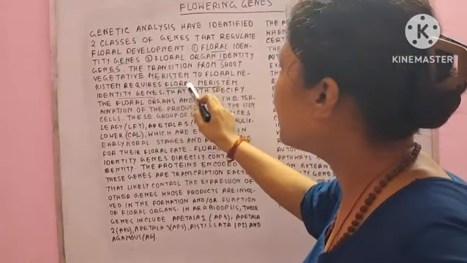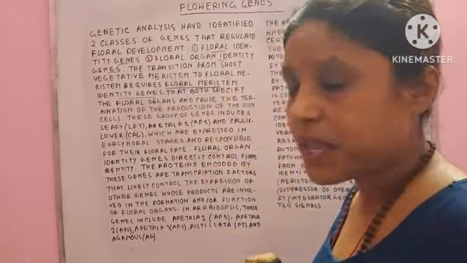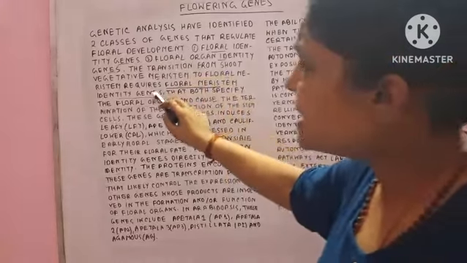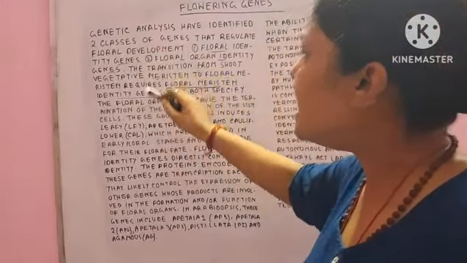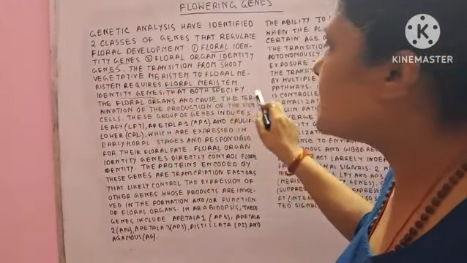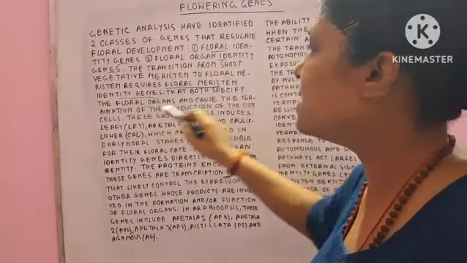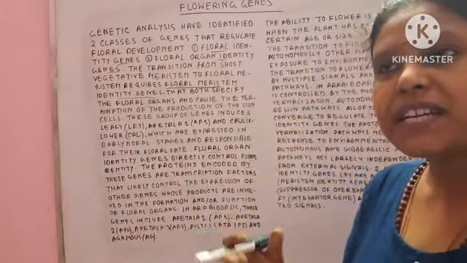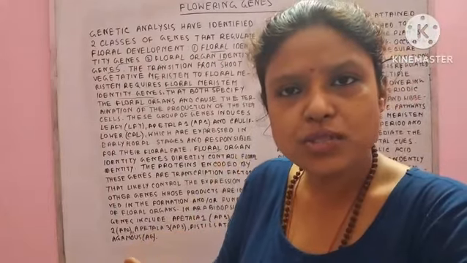This is called the floral meristem identity genes, and its role is what? First, it specifies the floral organs and causes the termination of the production of stem cells. The meristematic tissue's role is to divide and produce new cells.